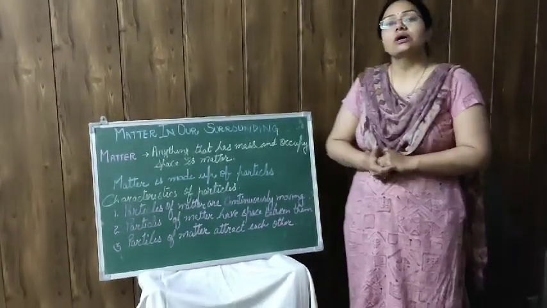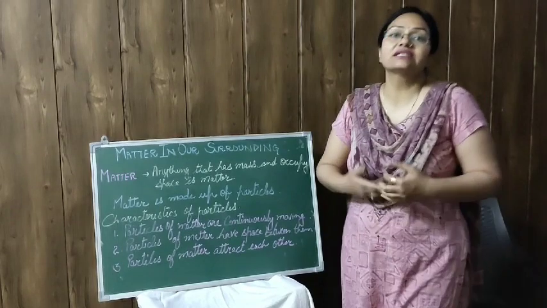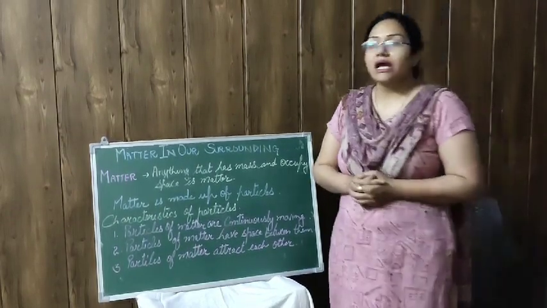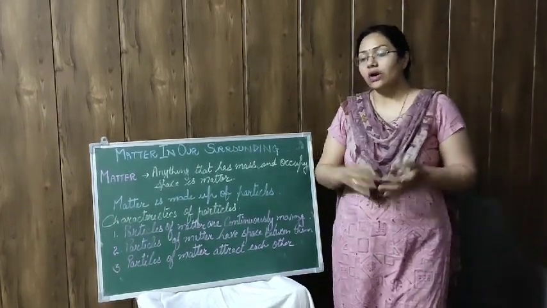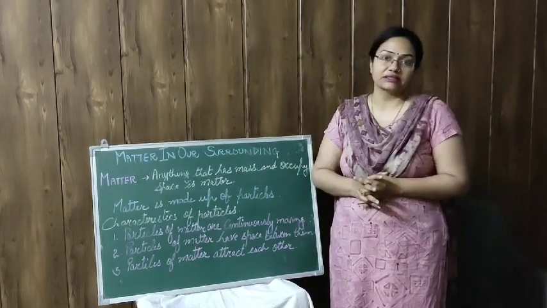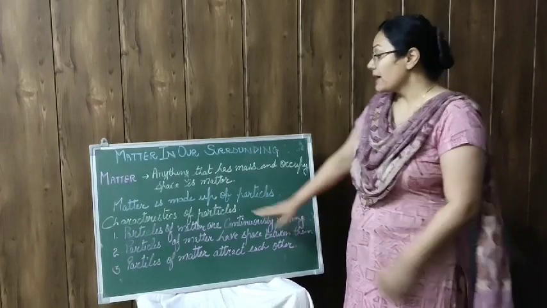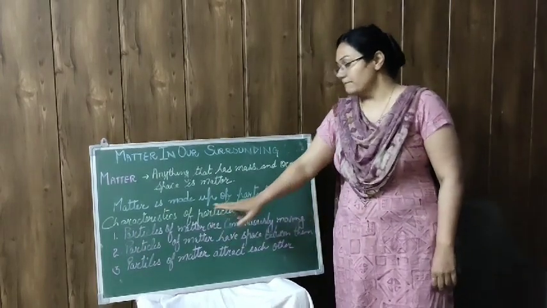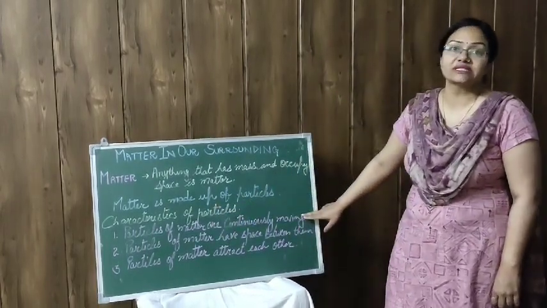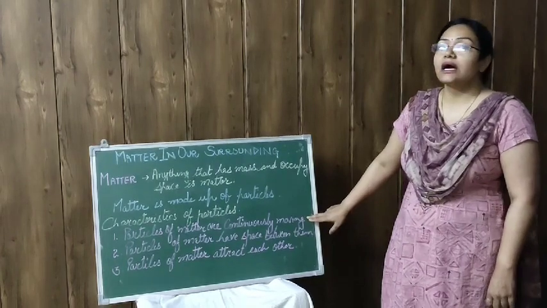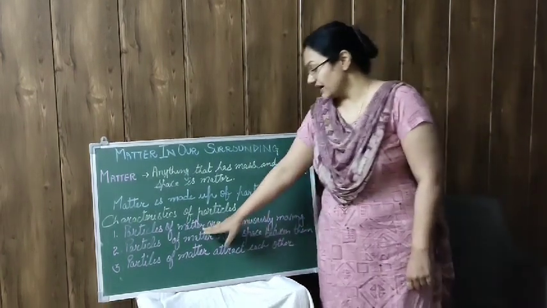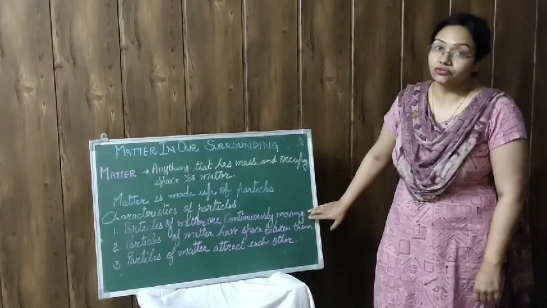Today we are going to focus on characteristics of particles. Now, what are the characteristics of particles? The first and foremost characteristic of particles is that particles of matter are continuously moving. I repeat, particles of matter are continuously moving.